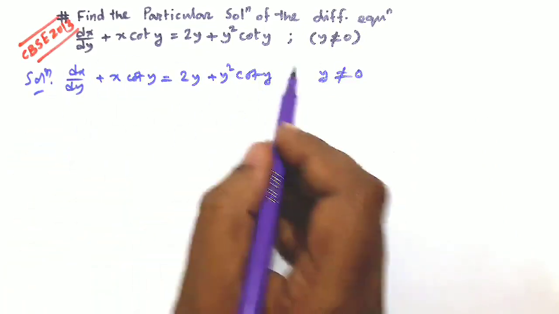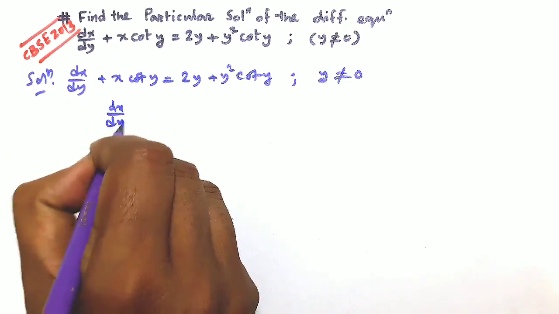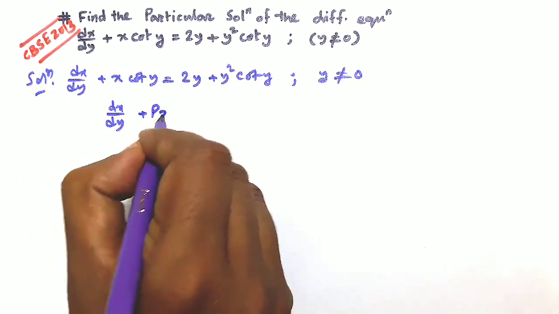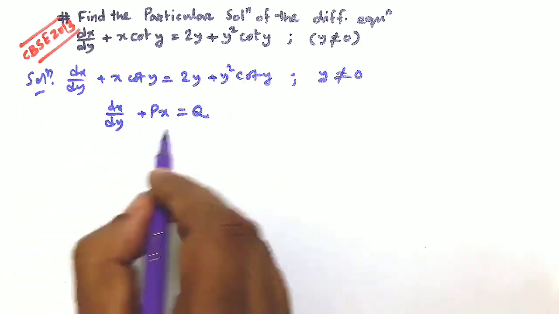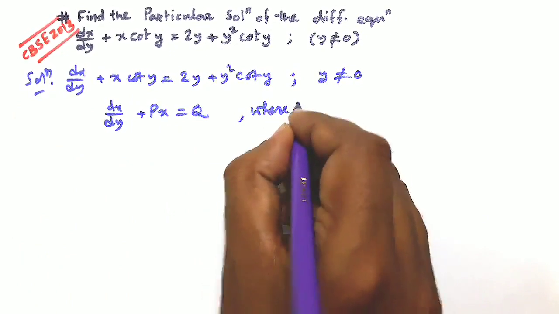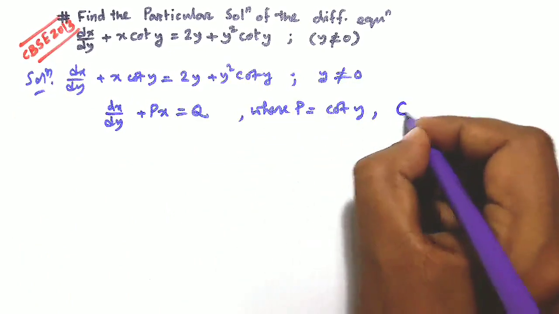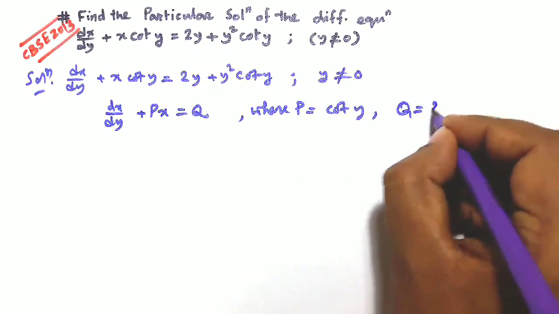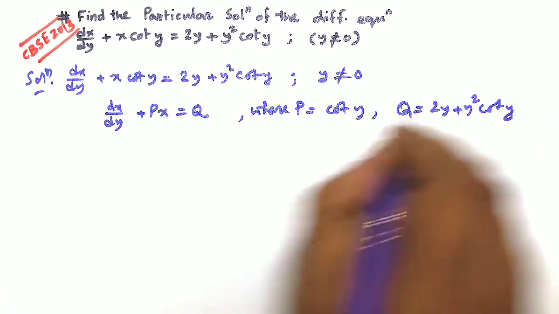This is again a linear differential equation of the form dx/dy plus px is equal to q, where p is equal to cot y and q is equal to 2y plus y square cot y.